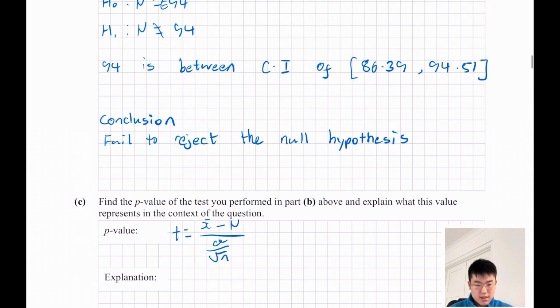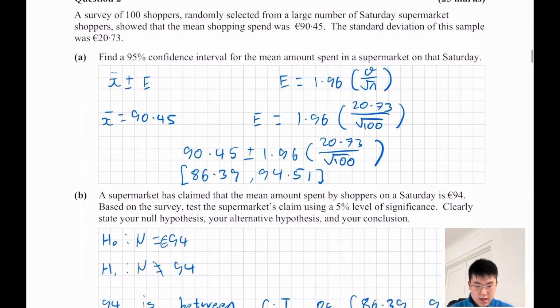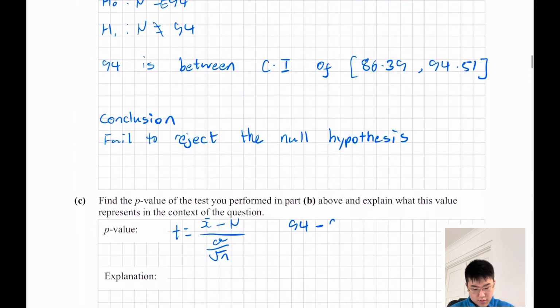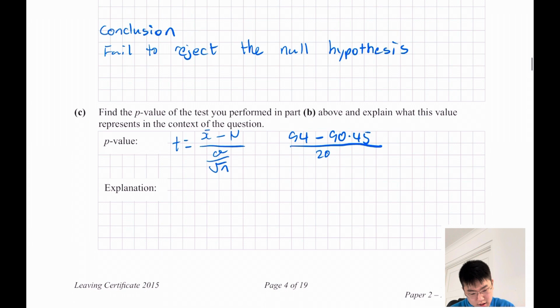So we have 94 minus the average, 90.45, all over sigma from the top, which is 20.73, all over root 100, and this gives us 1.71. Now, this is our test statistic.